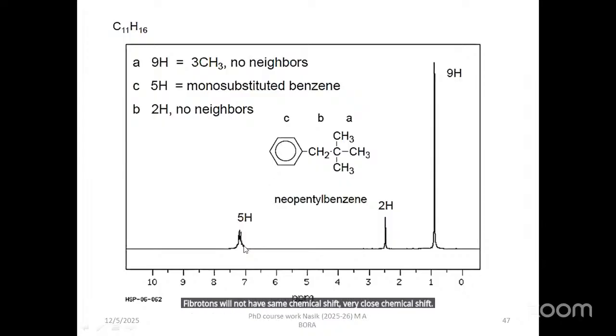Therefore, clustering is observed, and that clustering is around 7.25, and therefore broadening of the aromatic protons peak will be observed, but not because of anything else. It is just because the chemical shifts are so close that they are getting merged with each other, and that is why it is looking like a broad peak. There is no other reason.